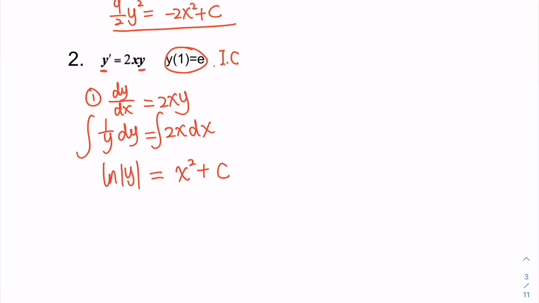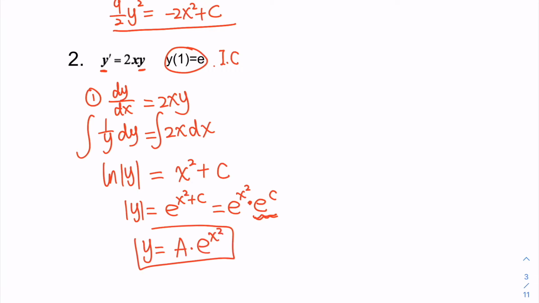You can keep the absolute value here, it's okay. So y will be e to the x squared plus c, which is e to the x squared times e to the c. As we know, e to the constant c is also a constant, so we write y equals a times e to the x squared. This is our general solution. If you don't like a, you can replace it using c, any constant.